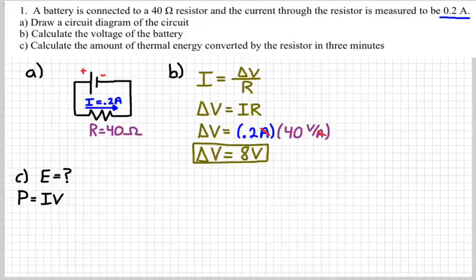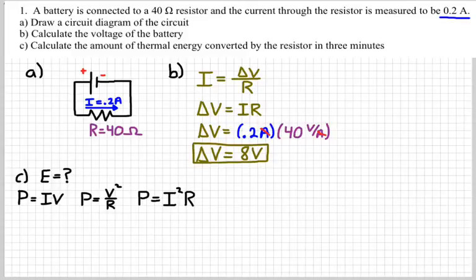We could do P equals IV, or if we plug in I equals V over R, that may look more like this. Or if instead of that we plug in V equals I times R, the equation may look like that.